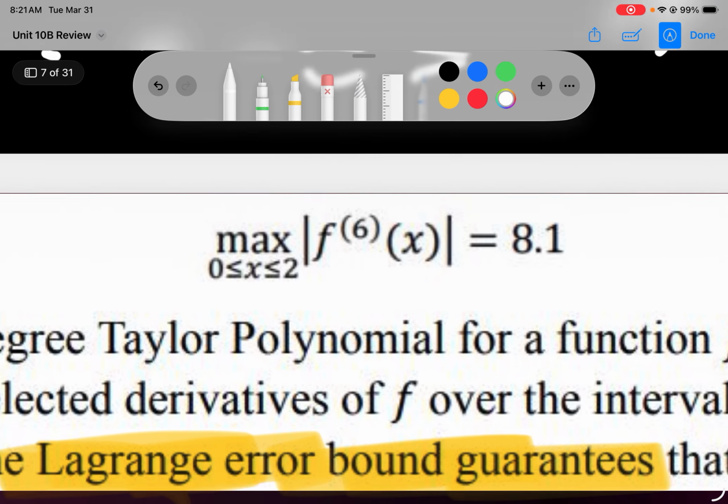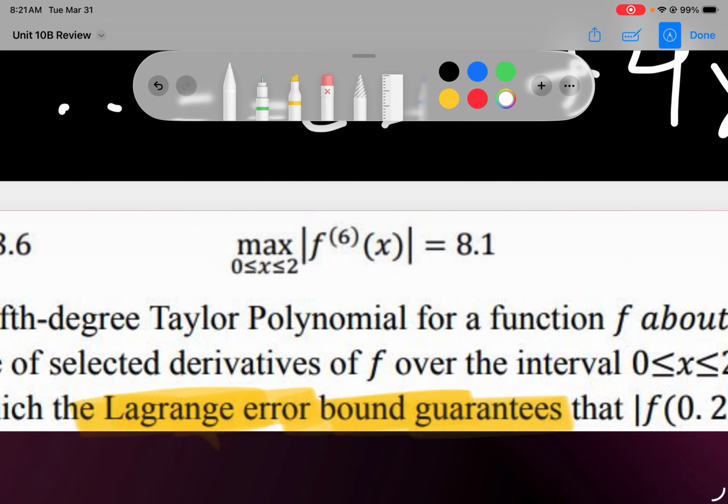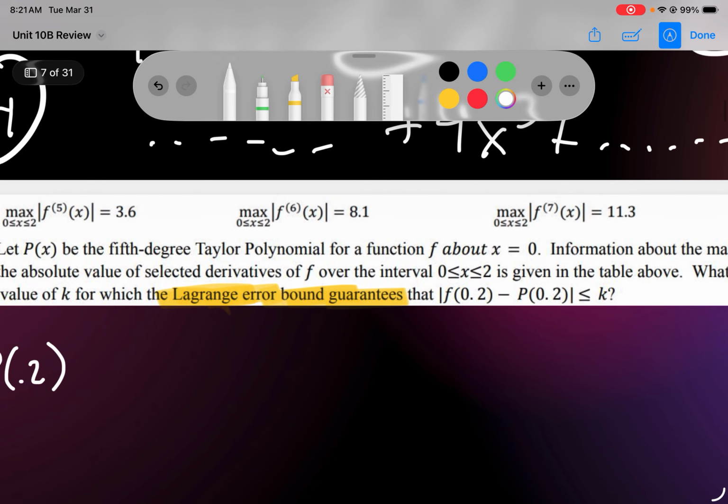They gave us the error bound for these derivatives all the way from 0 to 2. We are centered around 0, and we're approximating at point 2. So point 2 is pretty close to 0, but we're going to use the error bound all the way to 2, so it'll be over the top.